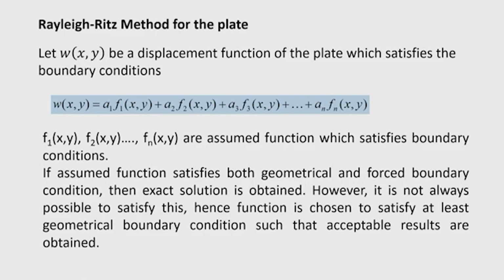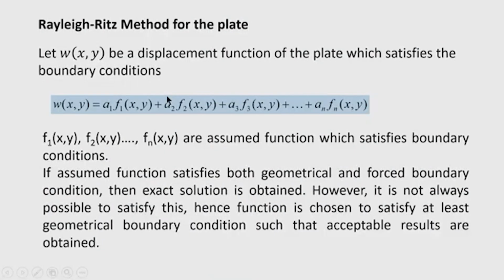There may be displacement boundary conditions which are imposed on displacement and slopes, but there may also be force boundary conditions which may be applied to the shear force and bending moment, or twisting moment. So, in that case the f 1, f 2, f 3 etcetera are to be chosen in such a way that the boundary conditions are satisfied.